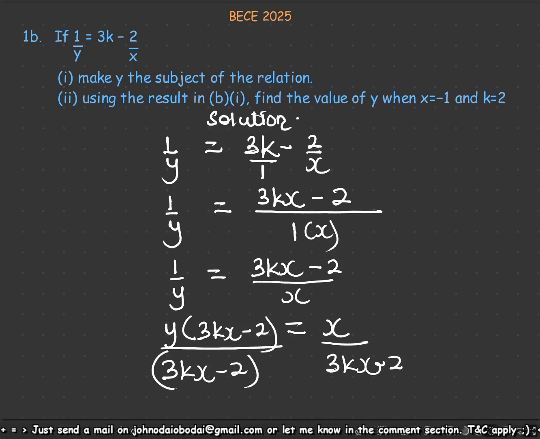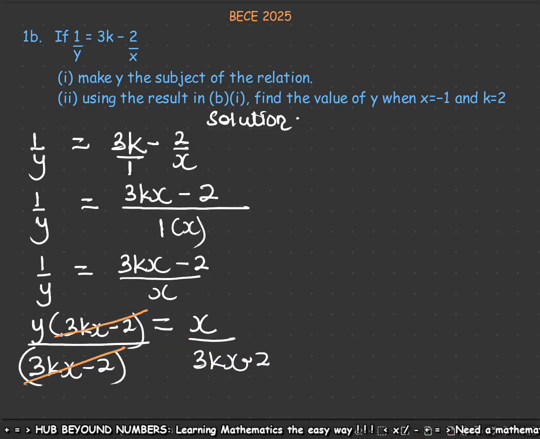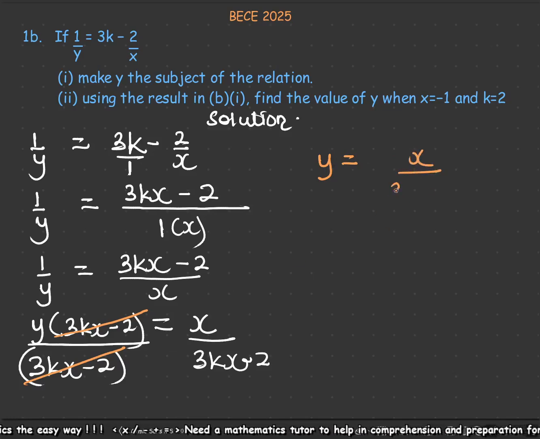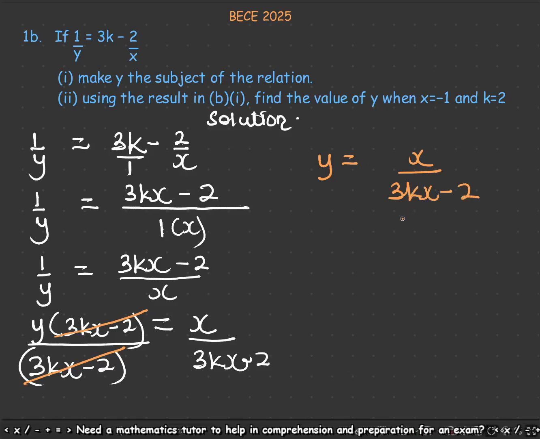And with that, all of this here cancels out all of this, which then leaves us with only y over here. So we are left with y is equal to x over 3kx minus 2. So this is us making y the subject, and that is all.